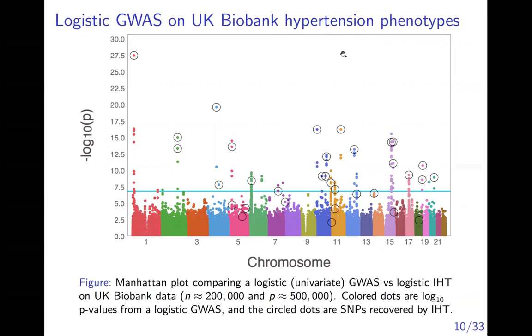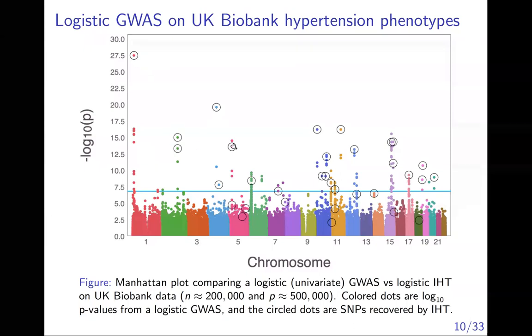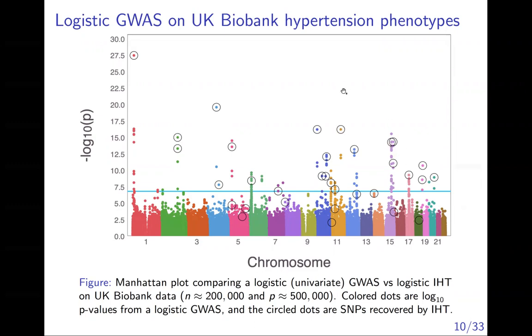So we ran IHT, and we also ran a traditional univariate SNP-by-SNP p-value analysis. And if you compute the p-values, you can put them on this Manhattan plot. The higher the dots, the more significant the SNP. And then the circle dots are what is found by IHT. Okay, so I guess the summary is IHT typically finds these large signals from a traditional analysis, but IHT also finds a lot of these SNPs on the bottom.